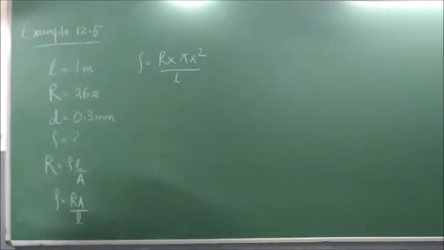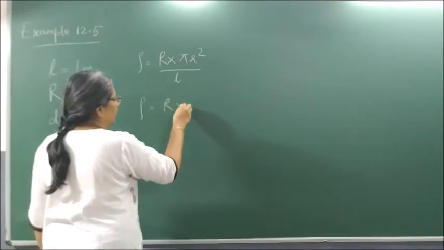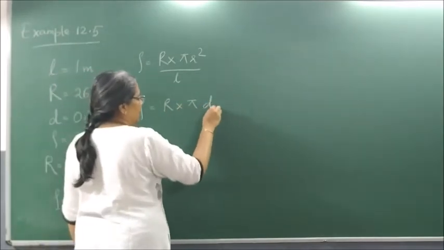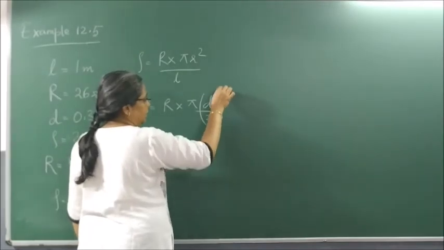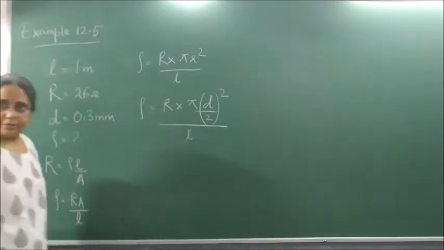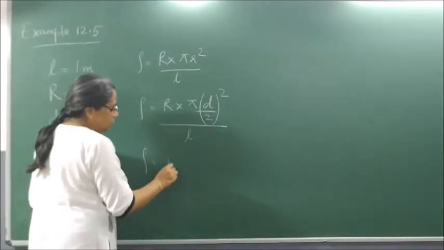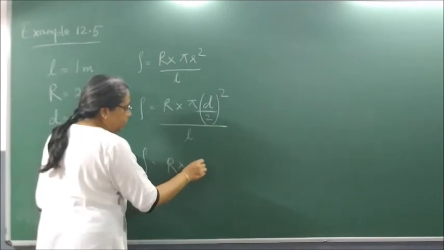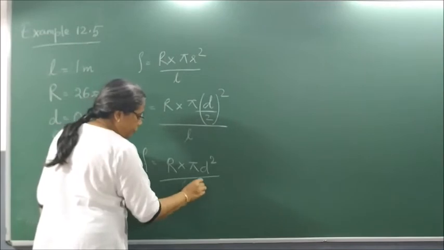So it is easier if I use diameter only. So I will substitute rho is equal to R into pi, d by 2, whole square, by L. So this becomes rho is equal to R into pi d square by 4L.